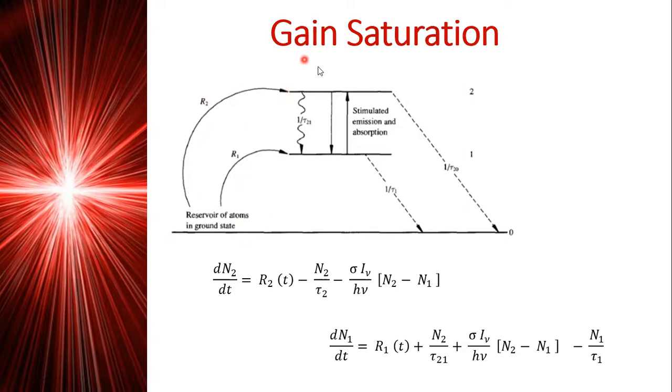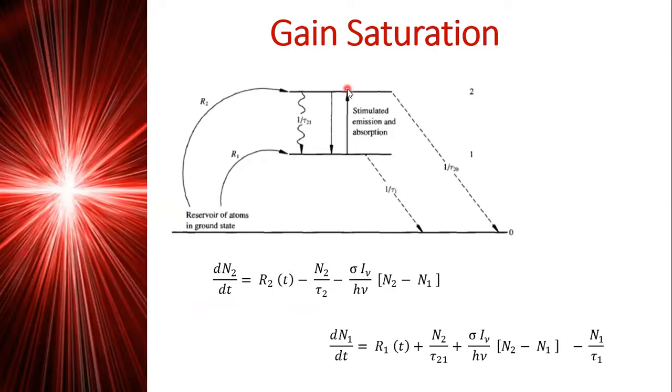Of course, this adds to the population, that's why it's a positive sign. Then we have two types of spontaneous emission: from E2 to E1 and from E2 to E0. Both of these spontaneous emissions are included in the term N2/τ2.